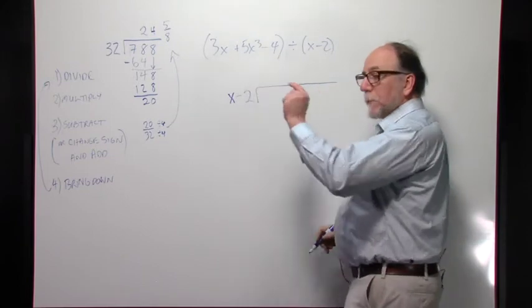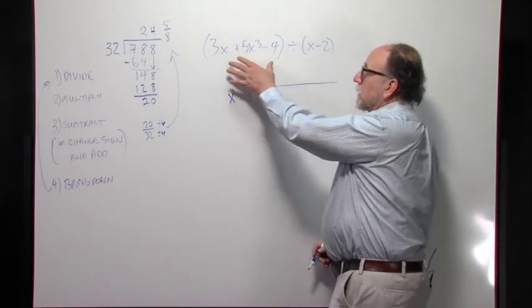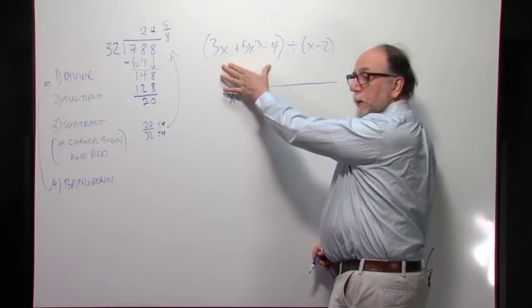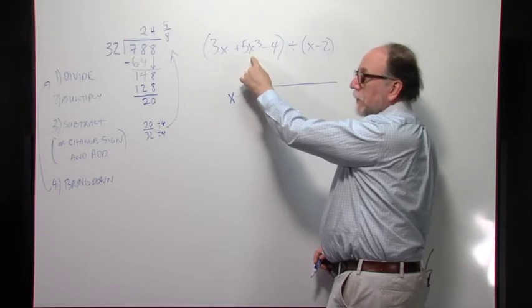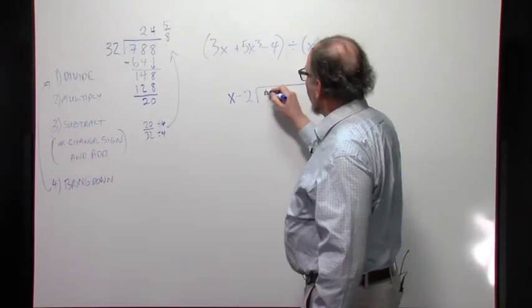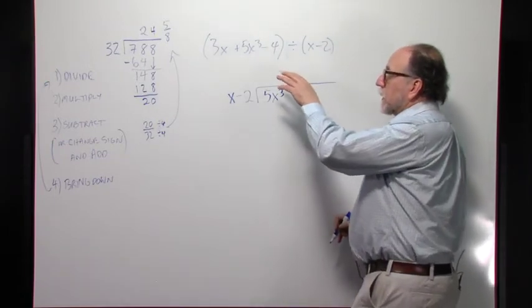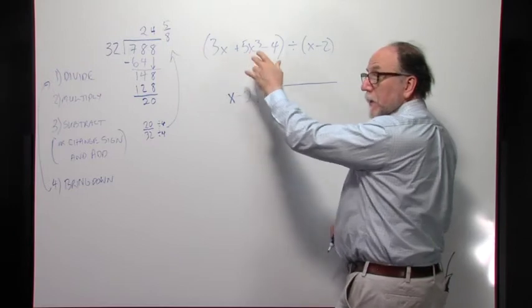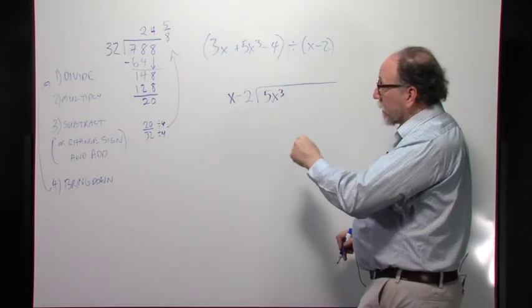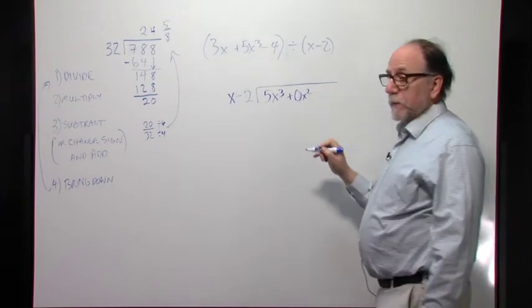Remember that there's a couple of things we have to be aware of. First of all, these have to go in descending order of powers. So what's the highest one? X cubed. That term has to go first. So we're going to start with 5x cubed. Next term has to be an x squared term, but there's no x squared term here. If that's the case, we need a placeholder. We need to put in 0x squared.